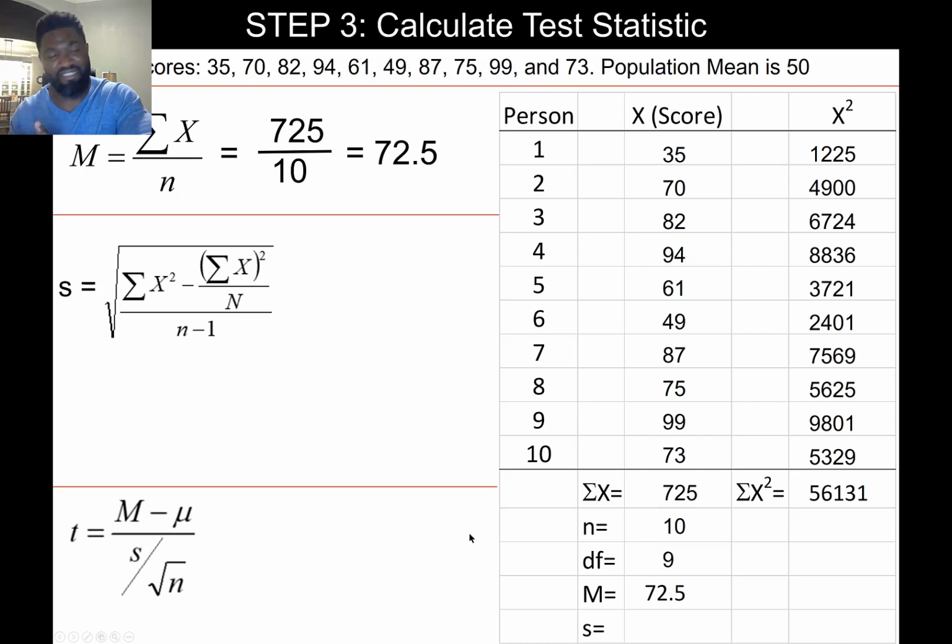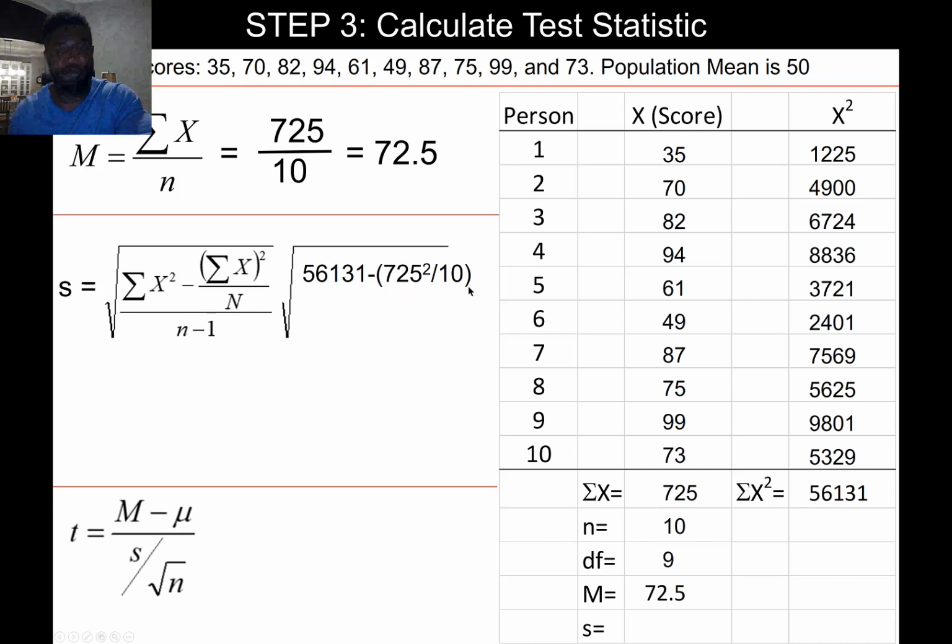Now we have to do the second part. We have to get the square root of all of this, so it's going to be the square root of 56,131 minus 725 squared divided by 10, and we're going to put all of that over 9. If we do all of that, let's do the math together. Let's see if we can get there. It's going to be complicated. Let's see.